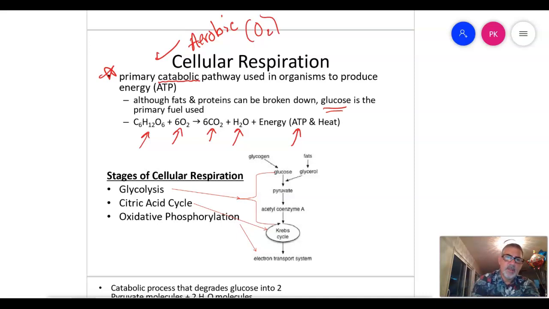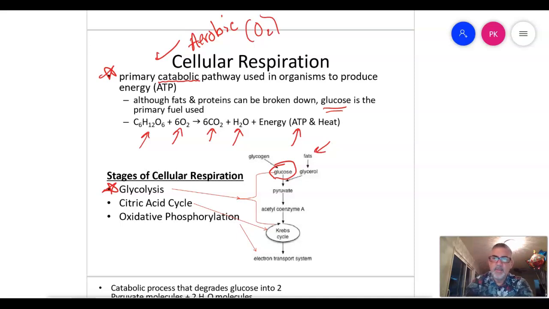The stages, we'll talk about glycolysis today. So glycolysis starts with glucose, or I could use glycogen. I could break down my glycogen because remember, glycogen is a bunch of glucose stuck together. Or if I run out of glycogen, I can go with fats, and I can take fats and modify the glycerol and feed it into the pathway there.